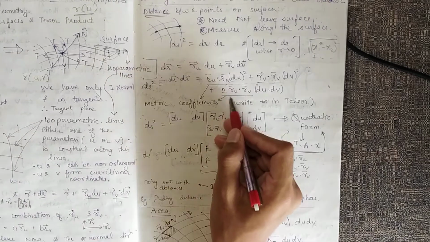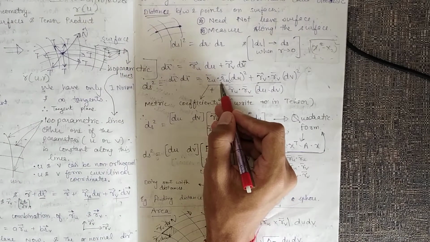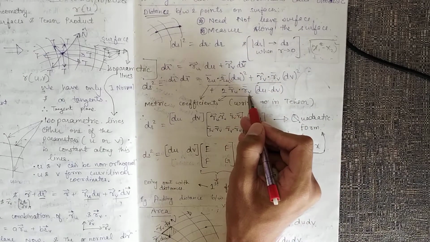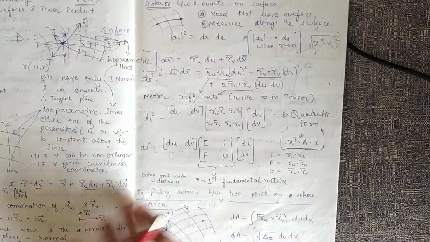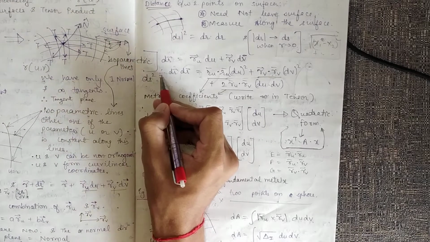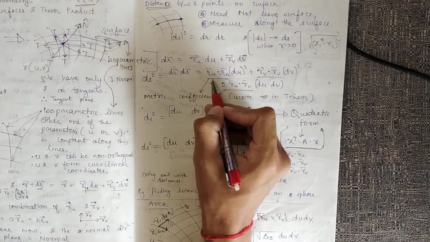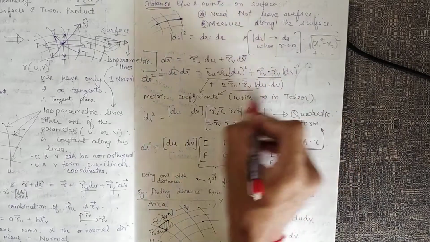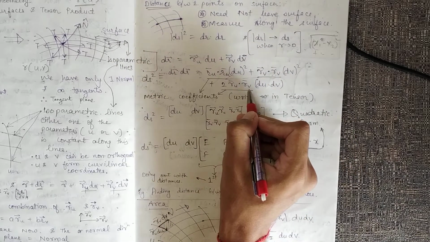With these simple terms, ru dot ru, ru dot rv, and rv dot rv, we can represent the formula as ds square is equal to ru dot ru du square plus rv dot rv dv square plus 2 ru dot rv du dv.